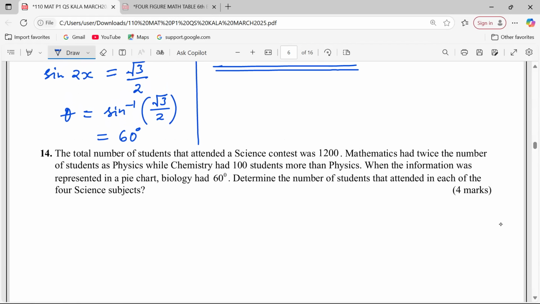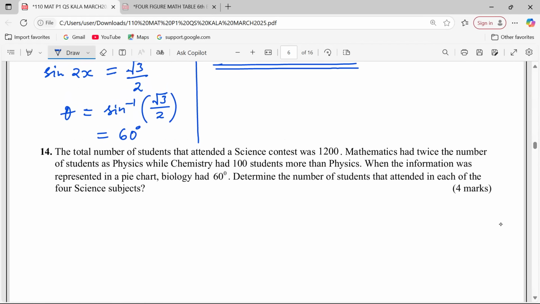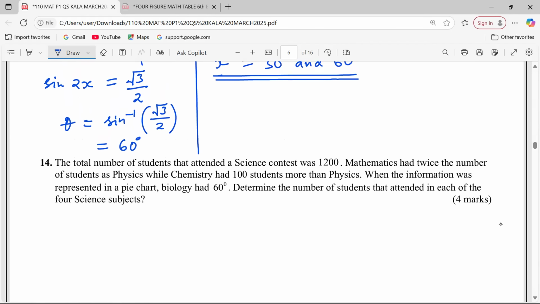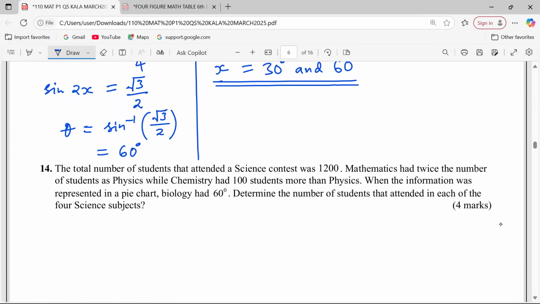When the information was represented in a pie chart, biology had 60 degrees. Determine the number of students that attended in each of the 4 science subjects. The 4 science subjects are mathematics, chemistry, physics, and biology.